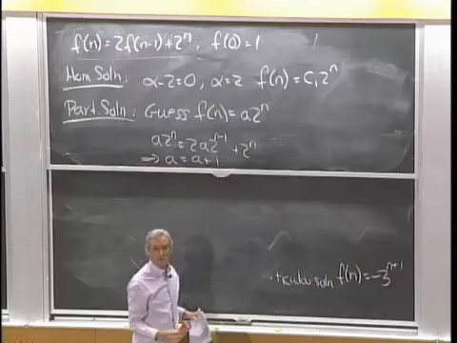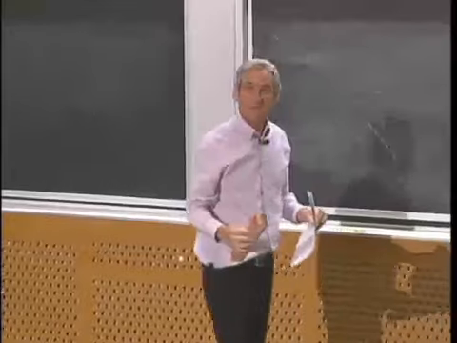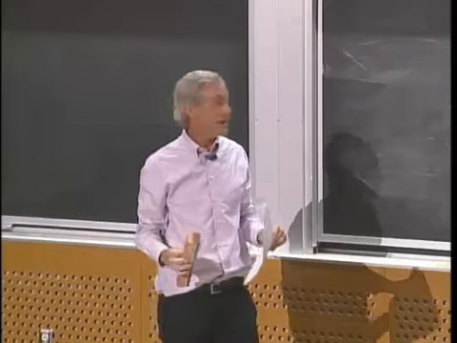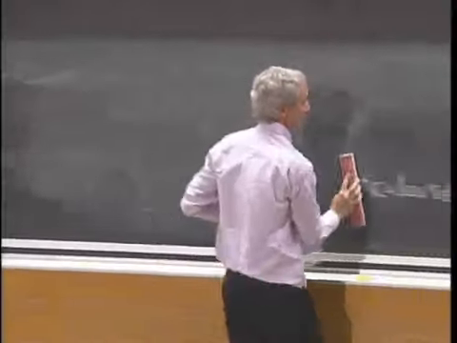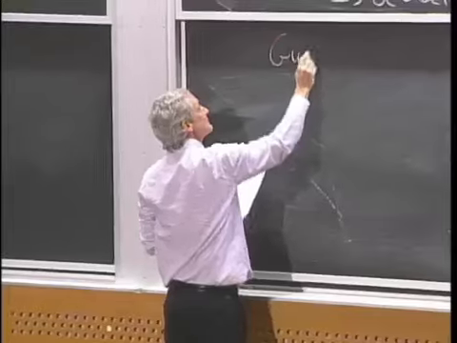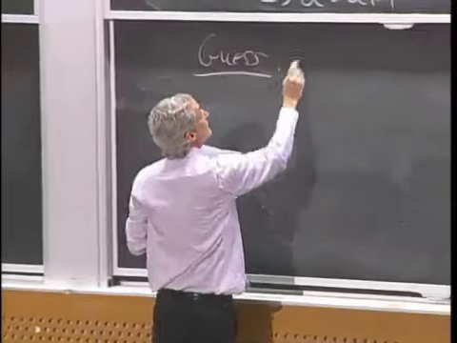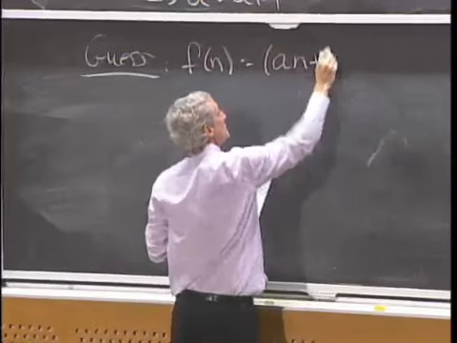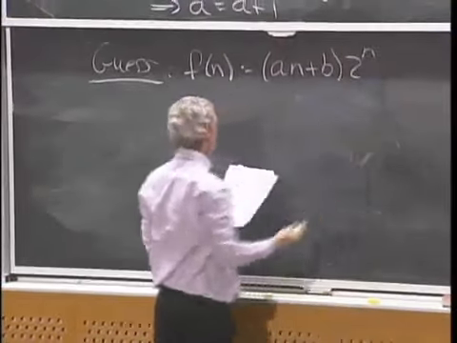All right, so what do I do? Any thoughts about what I'm going to do next? Change the guess. What's the next guess going to be? All right, so now I'm going to guess f of n is (an plus b) 2 to the n.